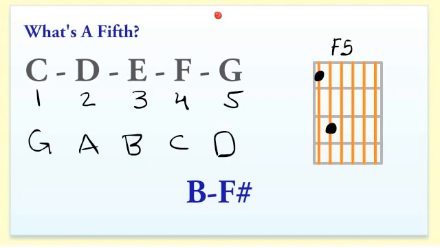There's only one exception to worry about, and that's the note B. The funny thing about B is that it goes up to F sharp. So remember that. It has to do with the fact that there's no B sharp and no E sharp. So B to F sharp.